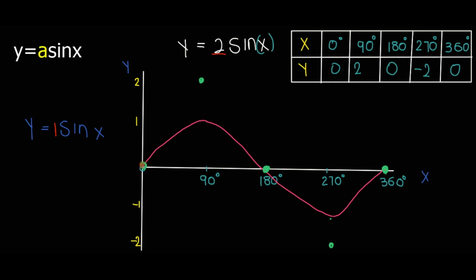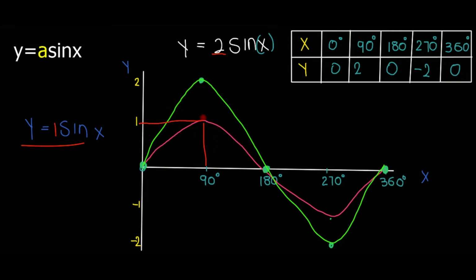So this is our graph of y is equals to 2 sin x. Let's look at the difference between the graph of y is equals to sin x and y is equals to 2 sin x. You can notice that this one's maximum is only 1, but now because this one has 2, the maximum is 2.